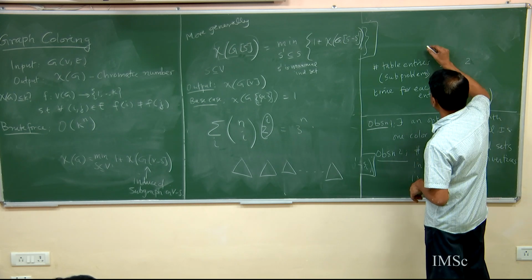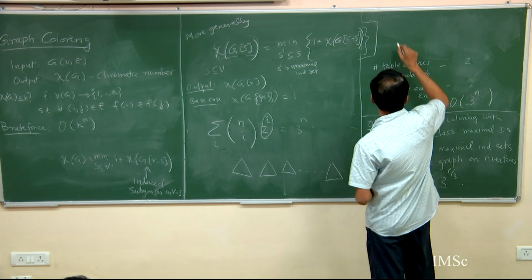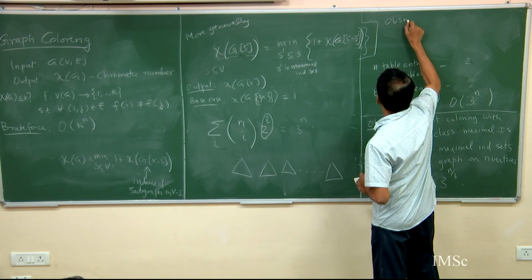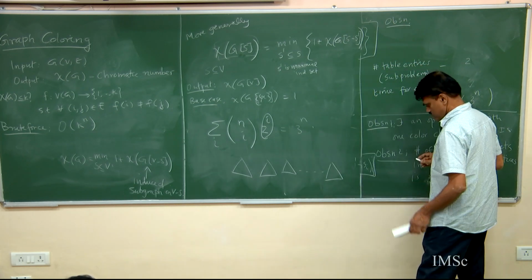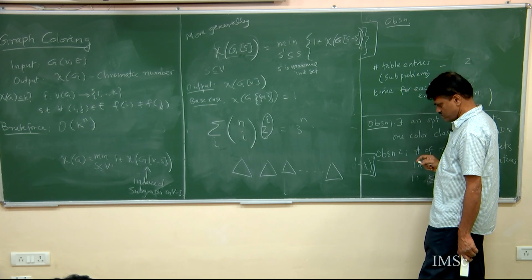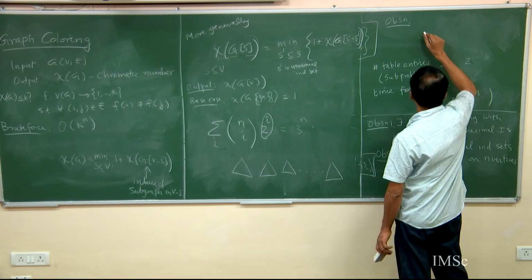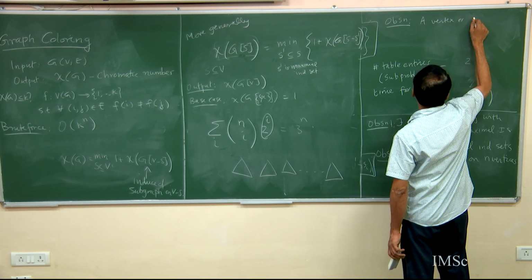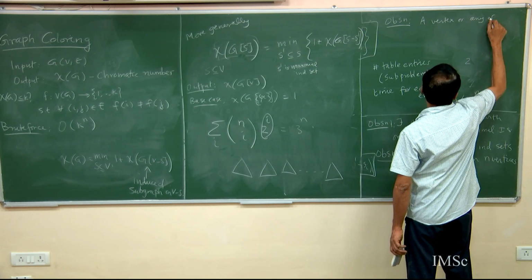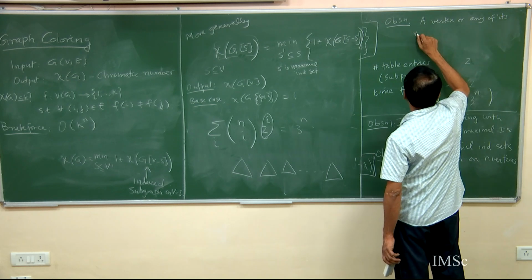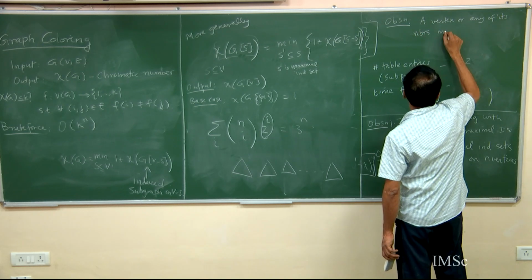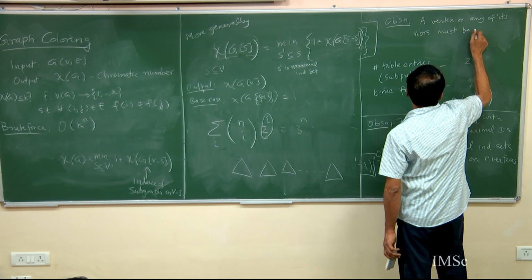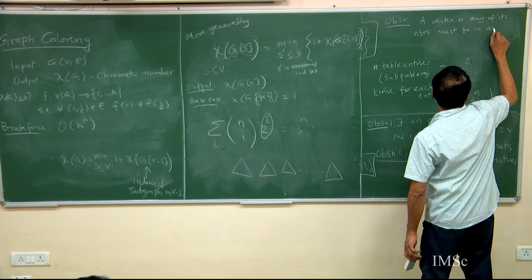Let me write another observation here. The vertex or any of its neighbors must be in any maximal independent set.